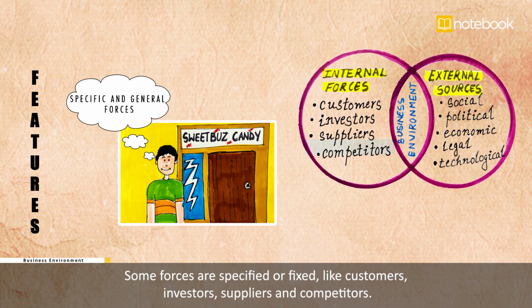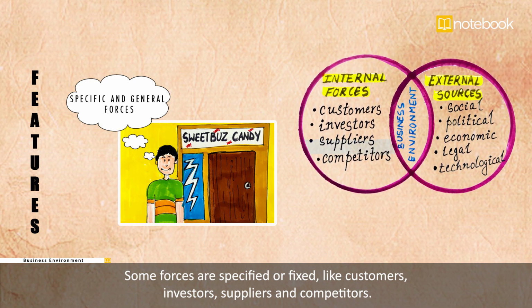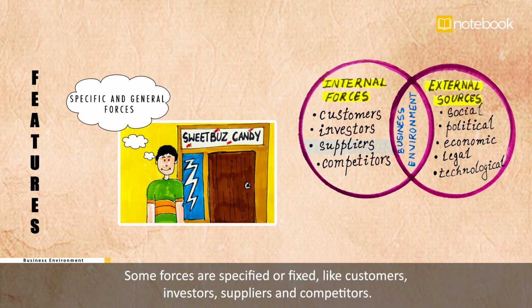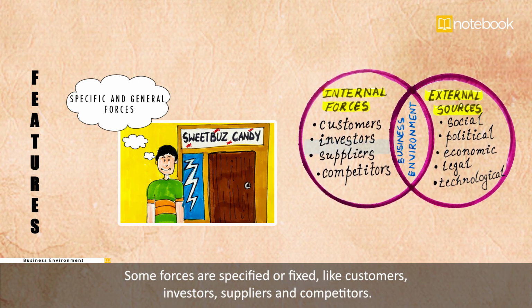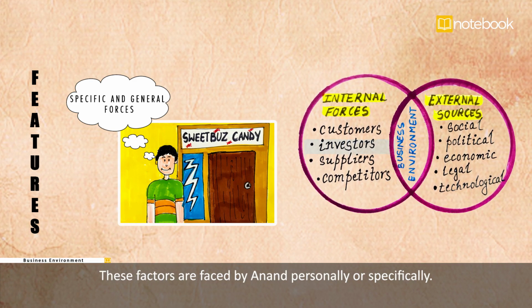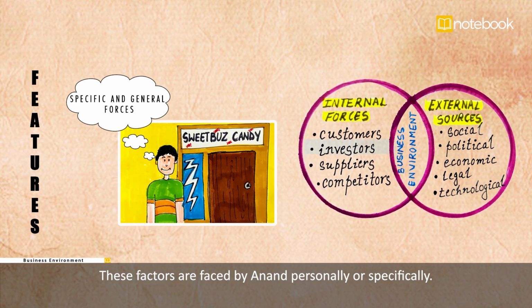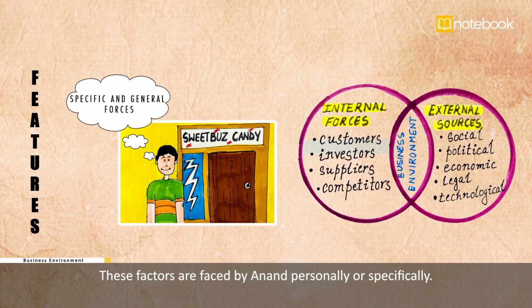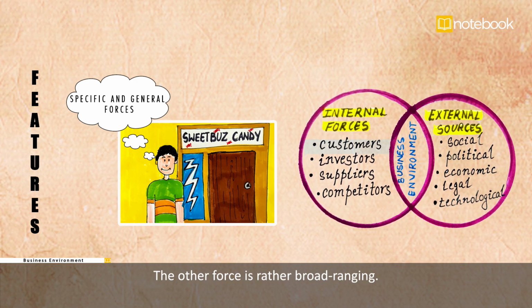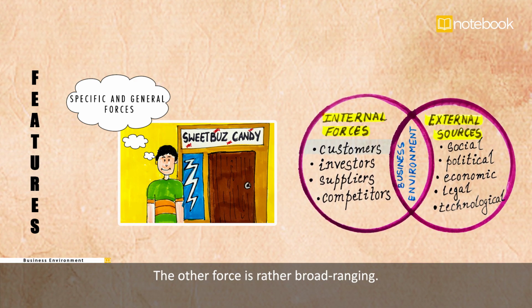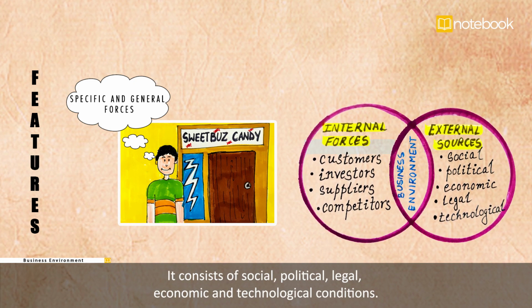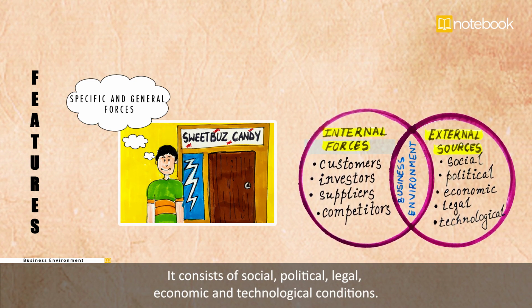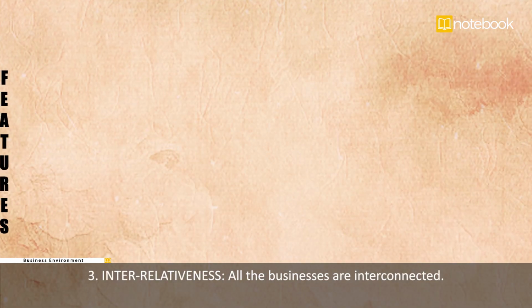Some forces are specified or fixed, like customers, investors, suppliers, and competitors. These factors are faced by Anand personally or specifically. The other force is rather broad-ranging. It consists of social, political, legal, economic, and technological conditions.